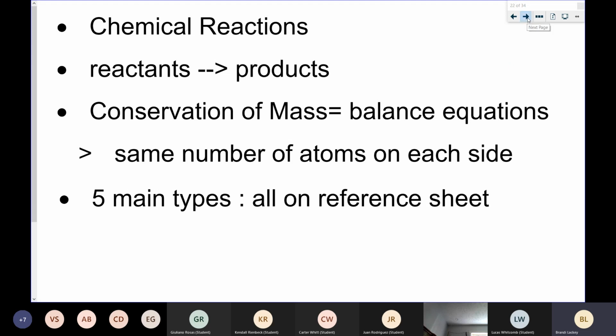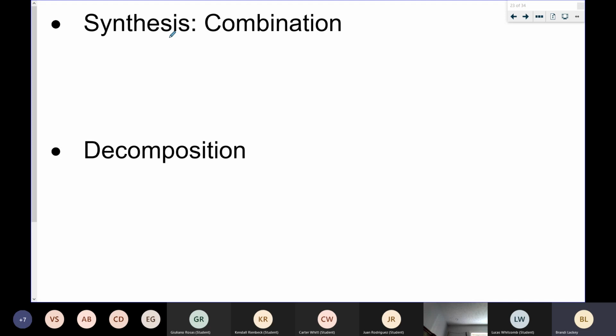All right. So looking at the types of reactions, our first one was a synthesis reaction, which can also be referred to as a combination reaction. The general pattern it gives you for that is that A plus B produces AB. So you generally have 2 elements that combine to form a product.